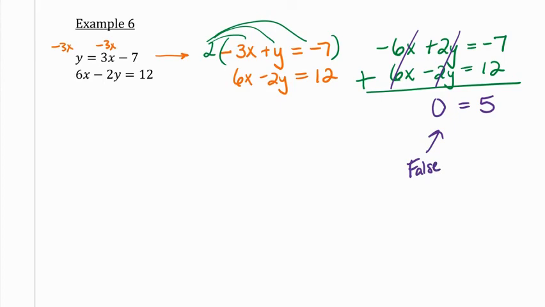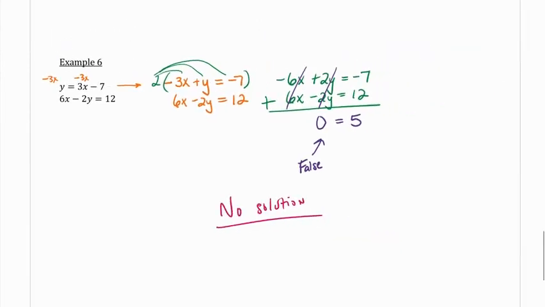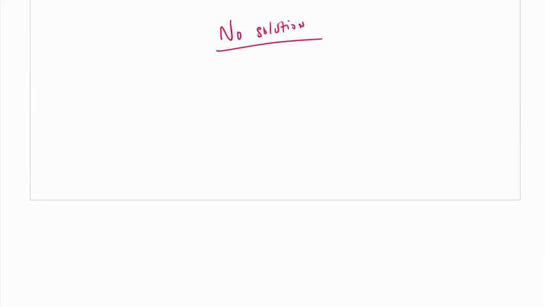It doesn't work. So if 0 doesn't equal that number, then there's nothing that will make this system work. The answer here is just no solution. So if both of your variables are eliminated and you end up with a false statement, then that's a no solution problem.